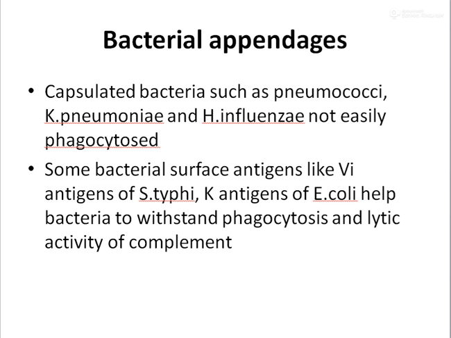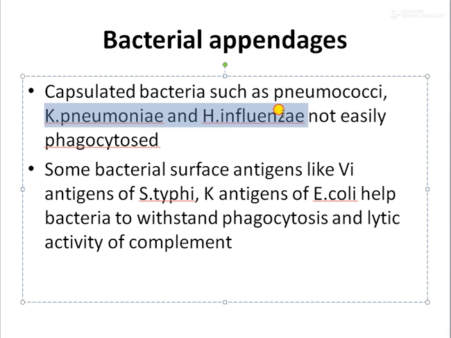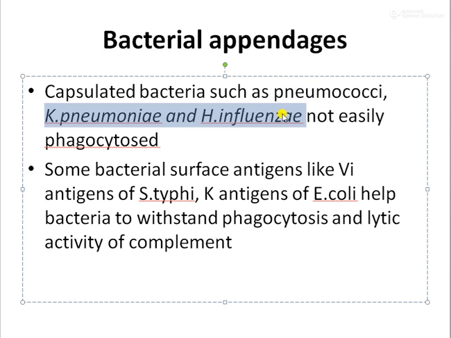You can also find bacterial appendages. In the case of Klebsiella pneumoniae as well as Haemophilus influenzae, they have capsules which prevent them from easily getting phagocytosed. In Salmonella typhi, as well as the K antigens of E. coli, the surface antigens help to withstand phagocytosis as well as the lytic activity caused by complement.